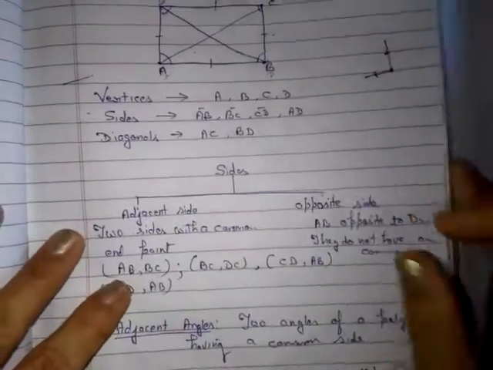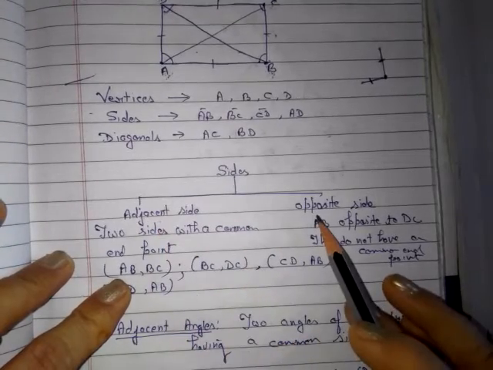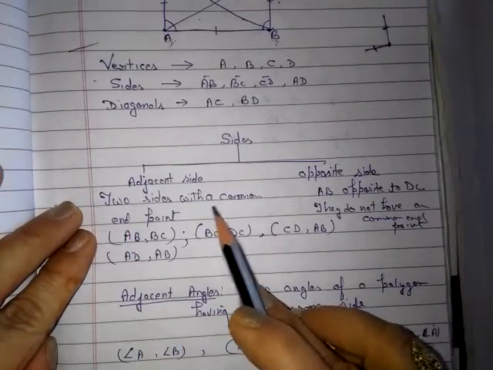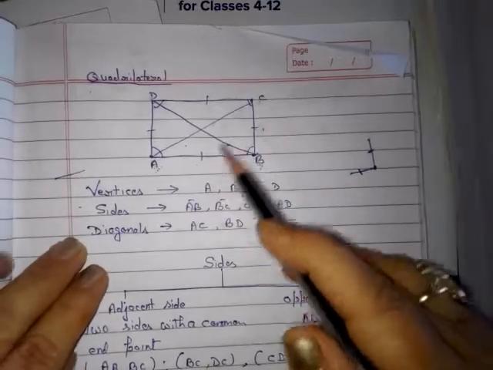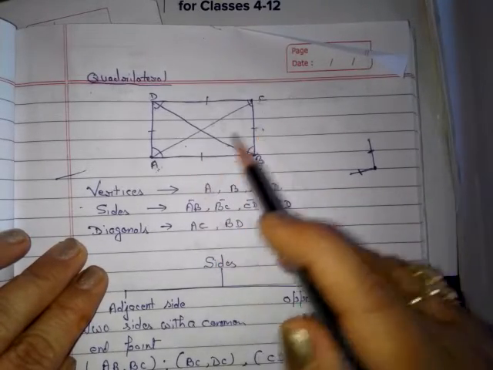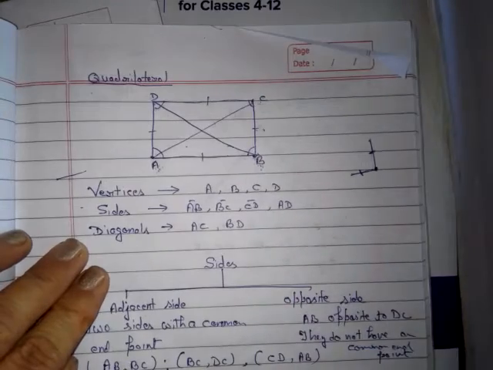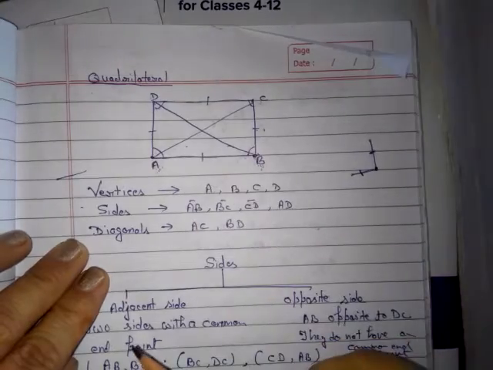Okay. Now children, sides, there are 2 types of sides. देखो, adjacent sides and opposite sides. तो adjacent sides का मतलब होता है children 2 sides with a common end point. देखो children, AB and BC, they are adjacent sides. Why are they adjacent sides? Because they meet at a common point B. Okay, so AB and BC, this is the first pair of adjacent sides.